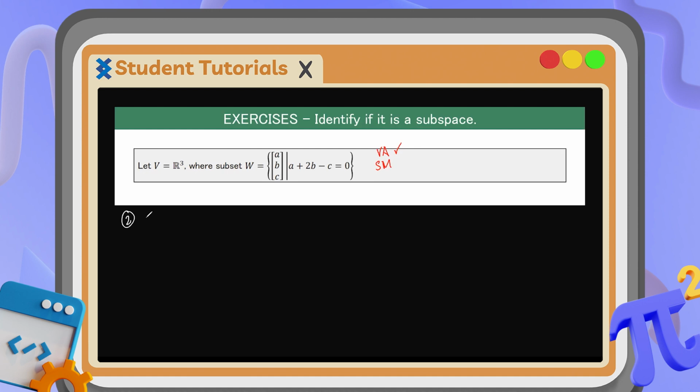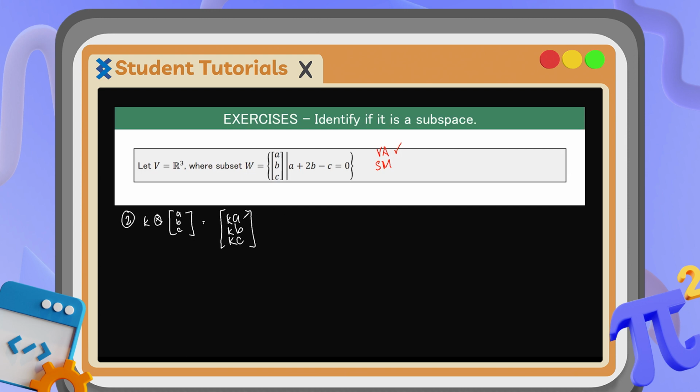So, in scalar multiplication, again, multiplying any scalar that is part of the real numbers with any vector ABC should give us cA, cB, cC. To make it less confusing, let's change the scalar to K instead.